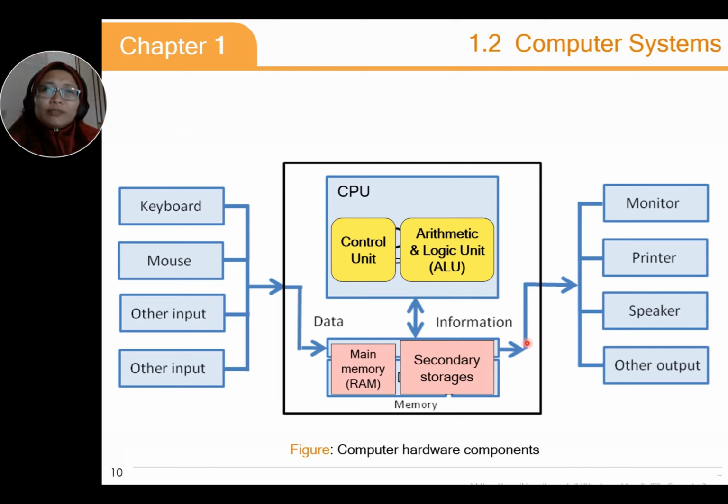Of course not, because what comes in must go out. So input, output. Here are the output hardwares. We have a monitor, to see what we're working with, a printer to print out, and a speaker for the audio to come out, so that we can listen to it. Other output. Can you think of other output hardware devices?